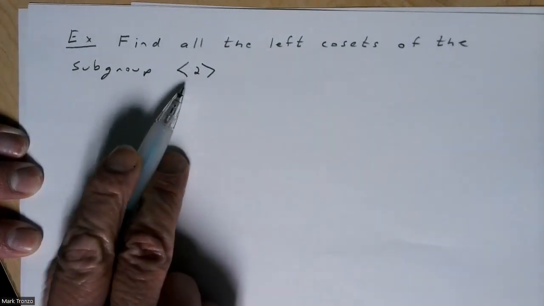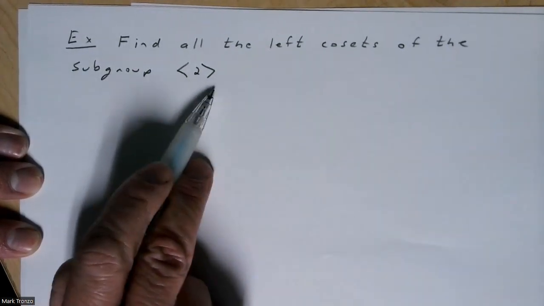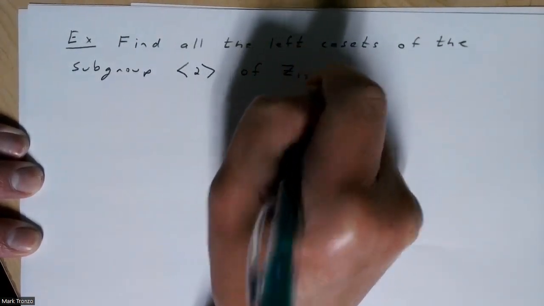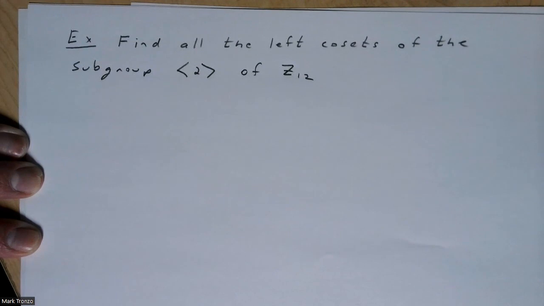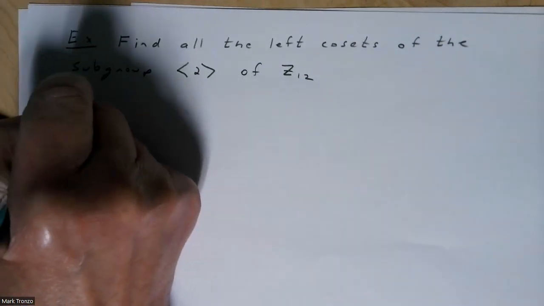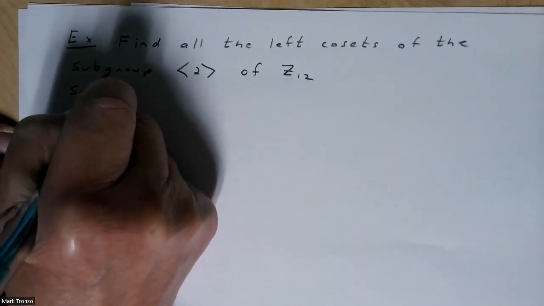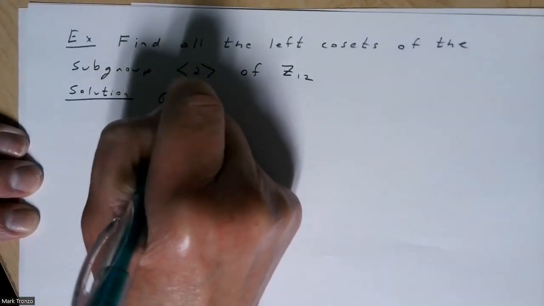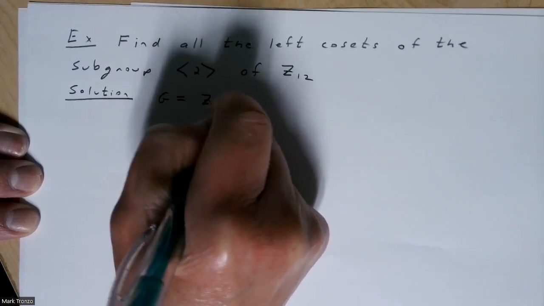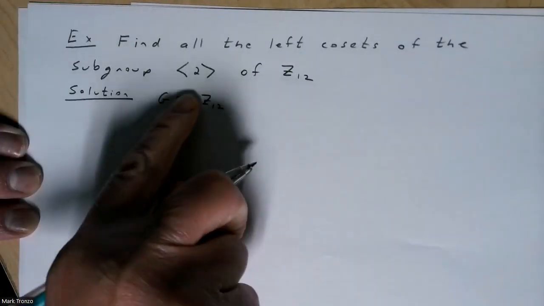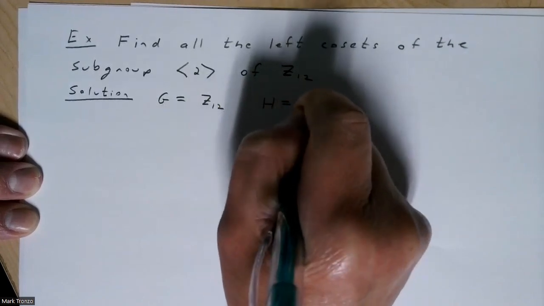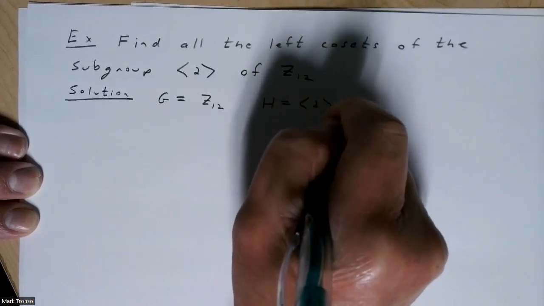Remember, we use this notation to represent the cyclic group generated by 2 of Z12. So let's take a look at this. Again, in this case, our group G is Z12, and then H, the subgroup we're considering, is this one here, generated by 2.